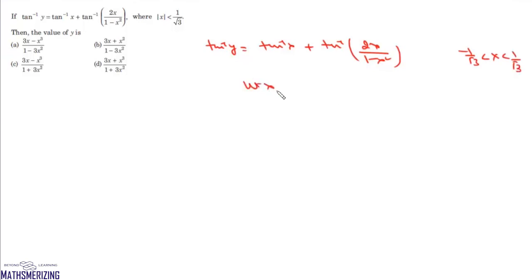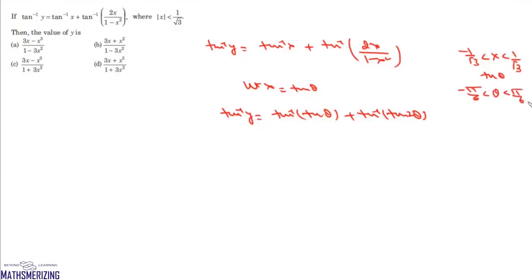Now we'll put x as tan theta. So we can write tan inverse y as tan inverse of tan theta plus tan inverse of tan 2 theta. Now here if we put x as tan theta, then theta will lie between minus pi by 6 and plus pi by 6.